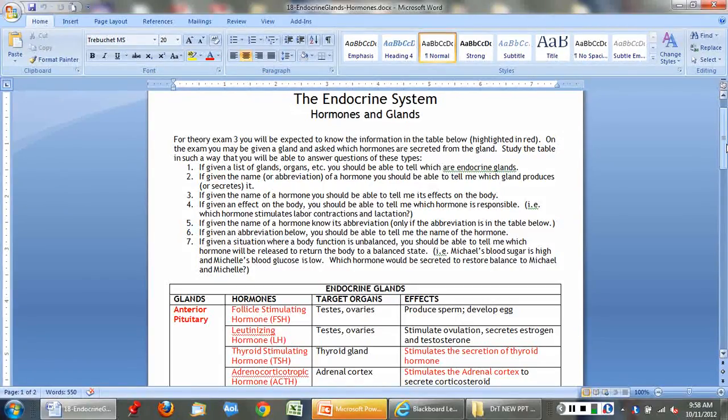Okay, so first learn the names of the glands and be able to tell which hormones come from that gland. Okay? To me, the best way to study this is using note cards. If you put pituitary gland, anterior pituitary on one side, and on the opposite side you put the list of hormones, you just make yourself learn it.